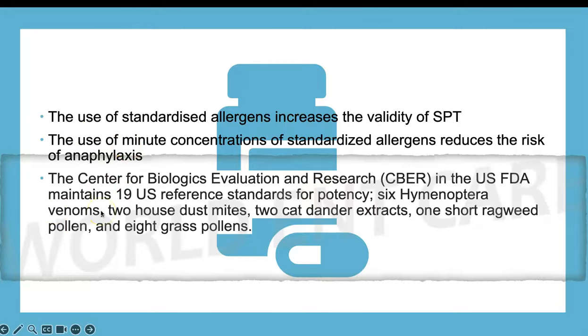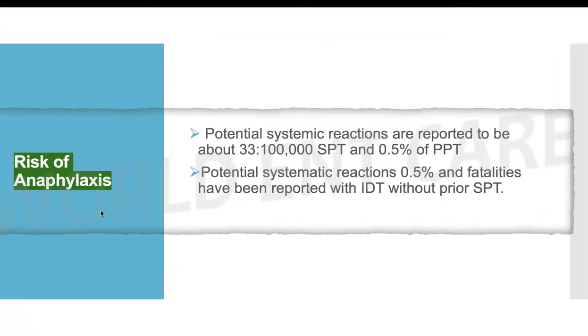Now, the Center for Biologics Evaluation and Research in the US Food and Drug Administration maintains 19 US reference standards for potency, in which 6 are Hymenoptera venoms, 2 dust mites, 2 cat dander extracts, and 1 short ragweed pollen and 8 grass pollens were considered.